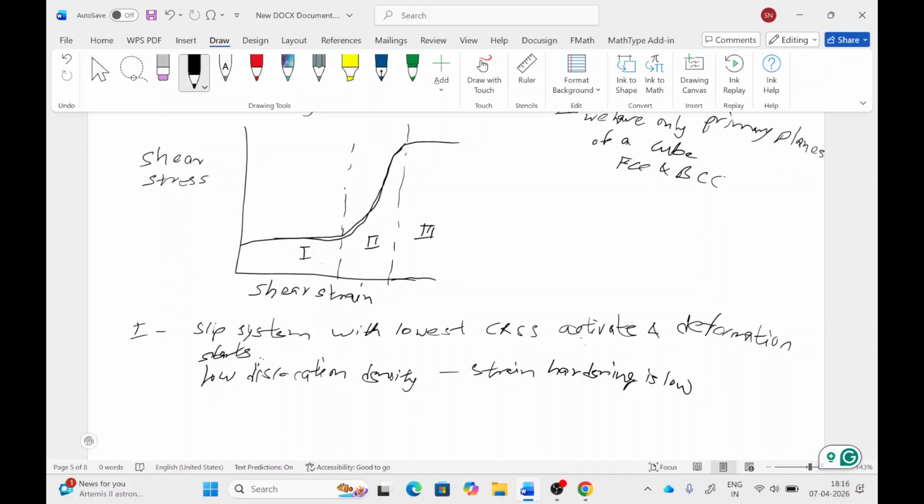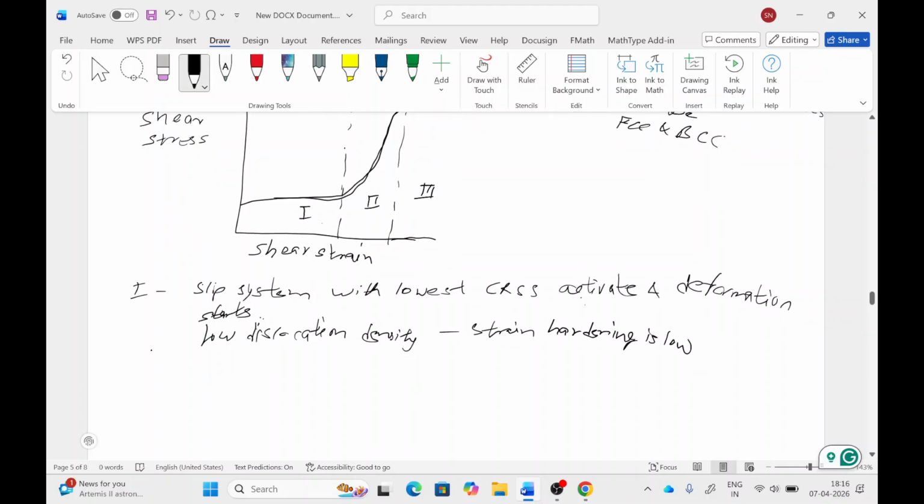As we move from stage 1 to stage 2, more slip systems activate.